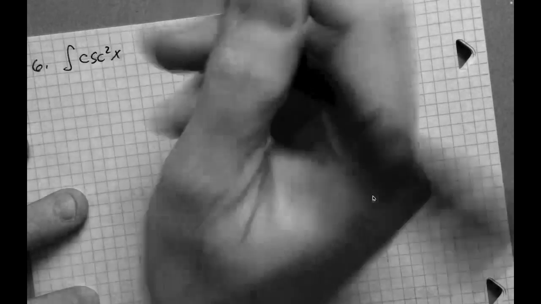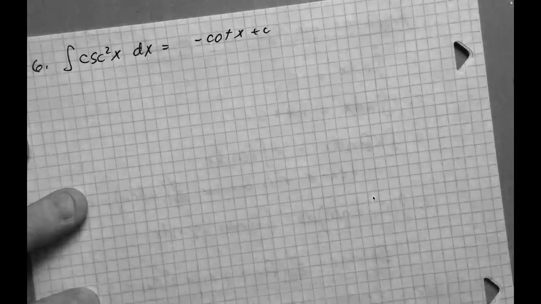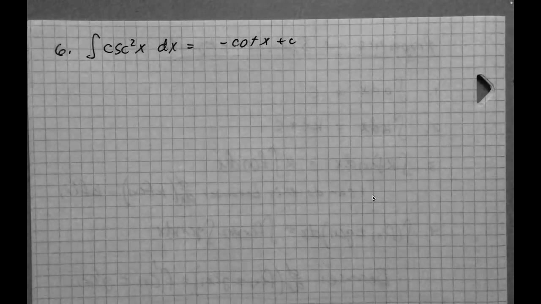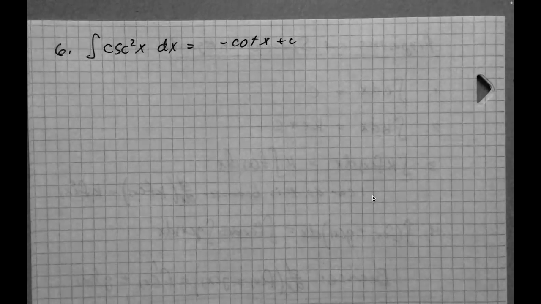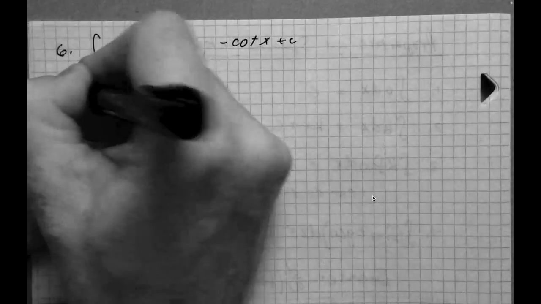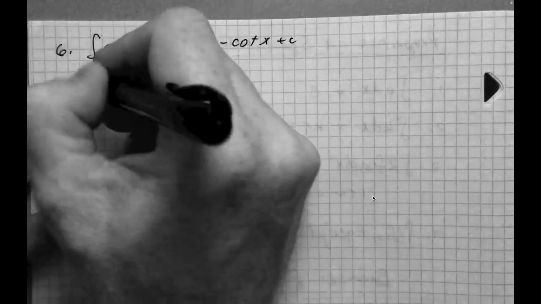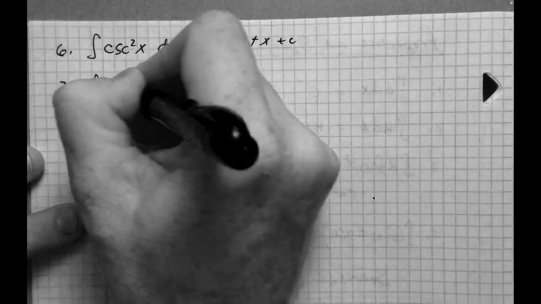Another one that we get for free here at the beginning is the cosecant. The integral of cosecant squared is the negative cotangent. And we get that because the derivative of cotangent is negative cosecant squared. Okay, one more trig integral, we get cosecant cotangent.